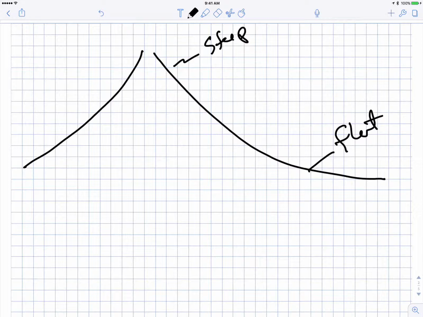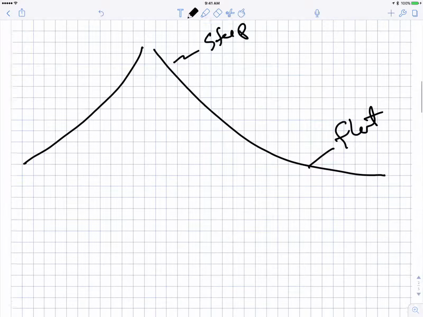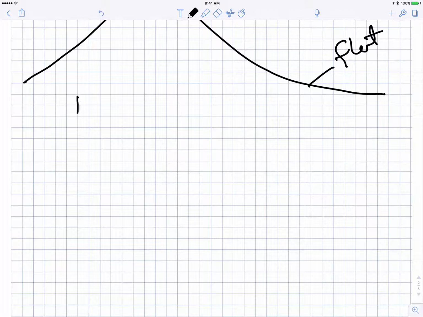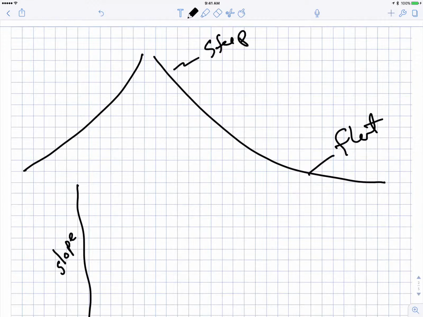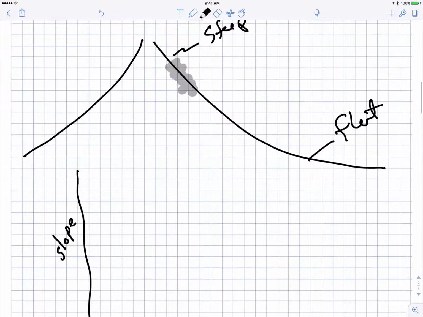So if we were going to plot a typical volcano, we can plot, say, the slope. Rather than just draw the picture of it, the slope, and remember the slope is this part here, is saying how rapidly it comes down.